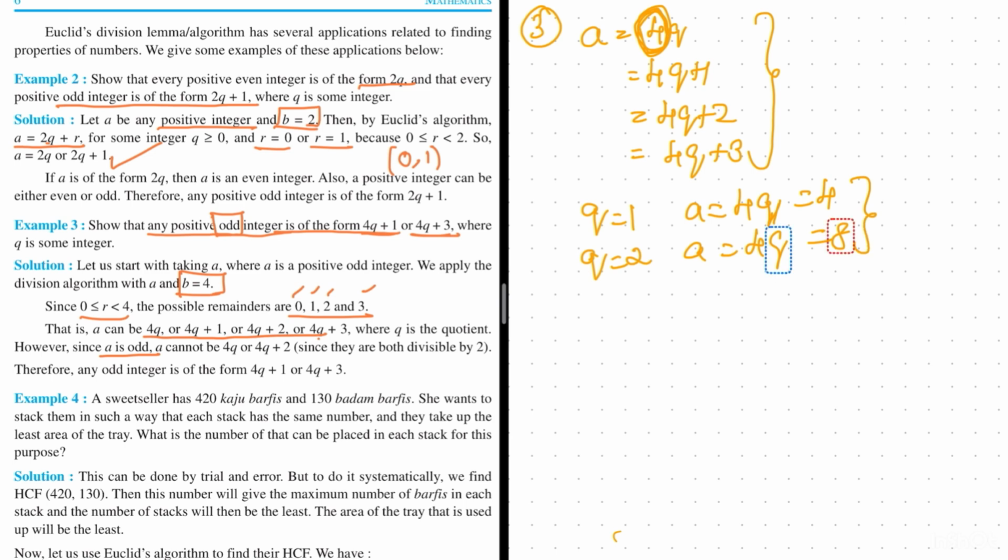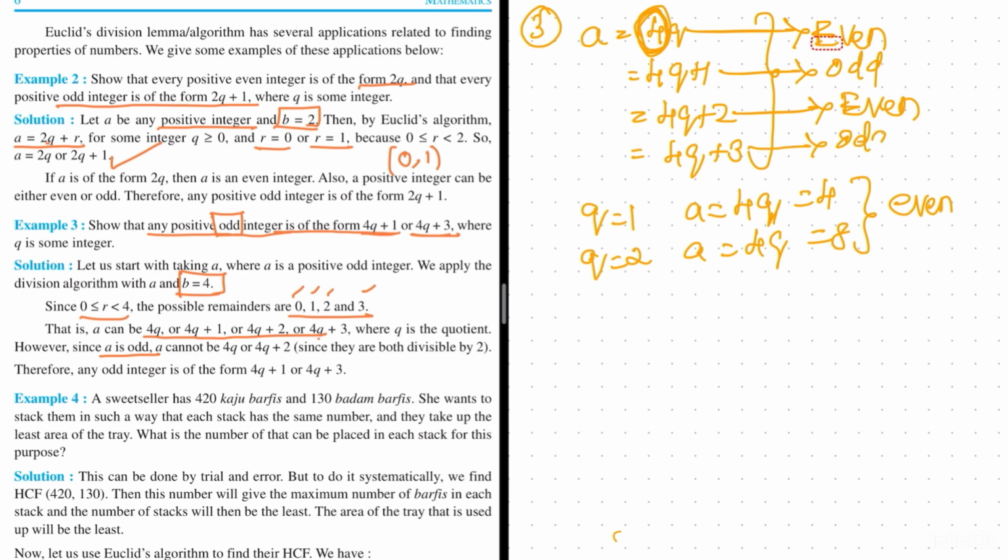This will give even numbers, and similarly 4q plus 2 will give you an even number. So the possibilities for odd numbers are these two. As it has been mentioned as an odd number, we can have the choices of these two only, plus 1 and plus 3. So this can be proved.